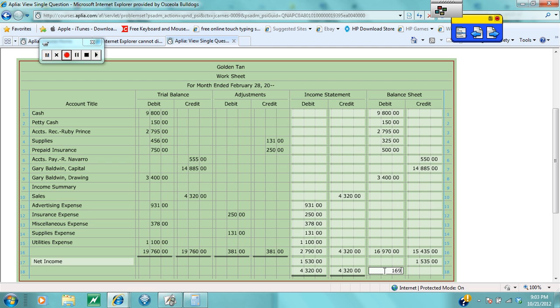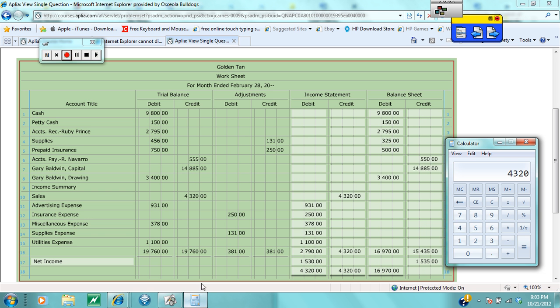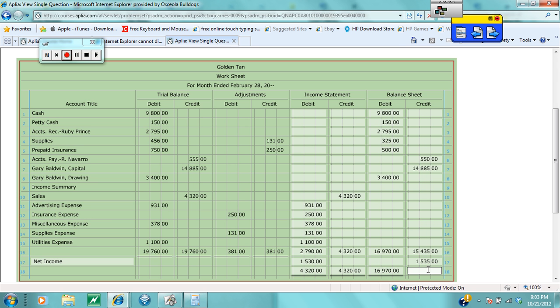We don't have to worry about that part. And once again, I almost took a shortcut. You have to add them. 15435 plus. Whoops, minus. No, plus. What am I doing? 1535. There we go.